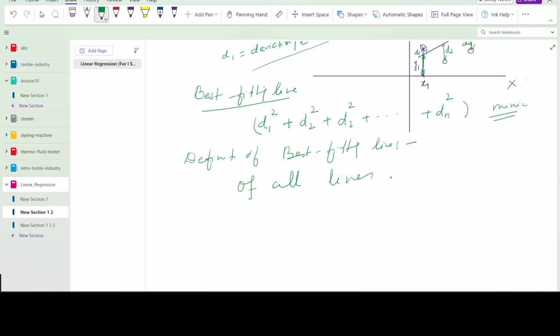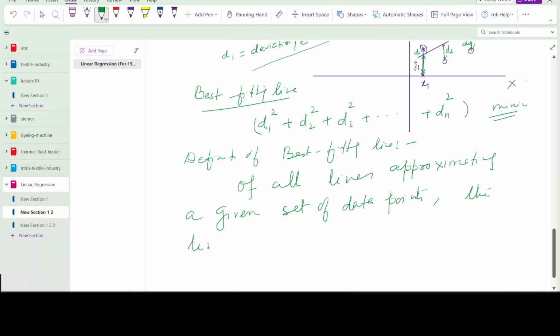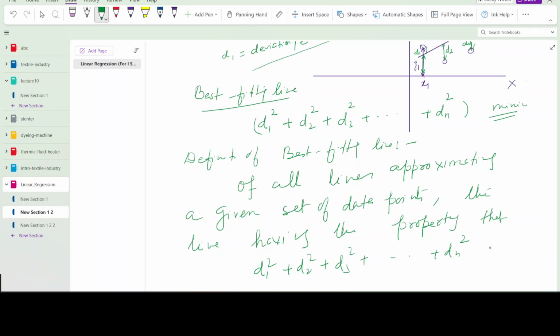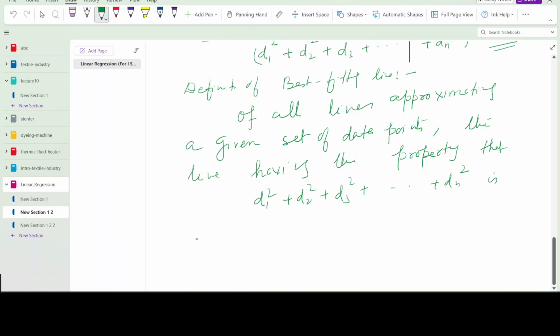Of all lines approximating a given set of data points, the line having the property that d1 square plus d2 square plus d3 square plus dn square is a minimum is called a best fitting line.